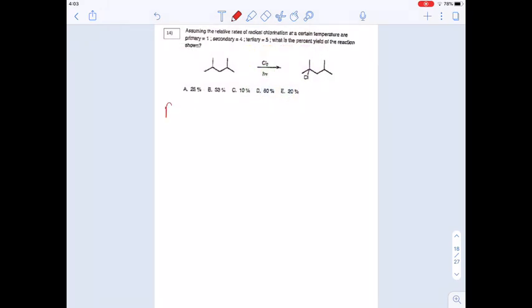So really quickly, I'll go ahead and give you guys the equations, and then we'll just do the problem. So I'll do this in a different color.